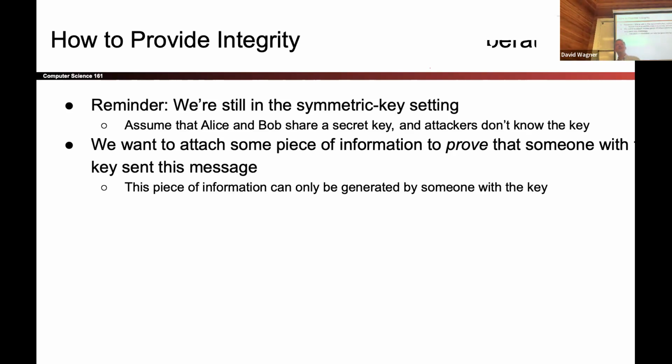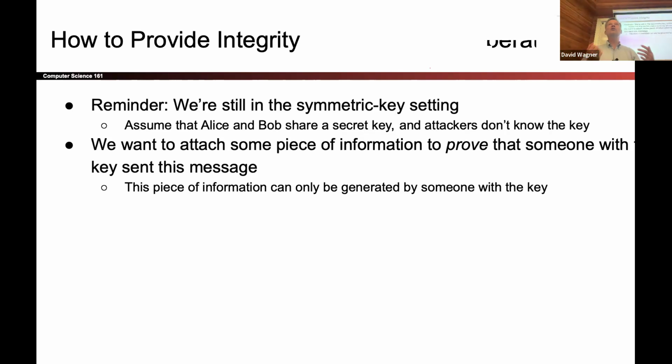And the strategy here is we're going to attach some additional pieces of information to the message to prove that Alice sent this message. Specifically, we're going to have some additional information that can only be computed by someone who knows the key. So we're going to have something like a hash function or a checksum, but it depends on both the message and the key.